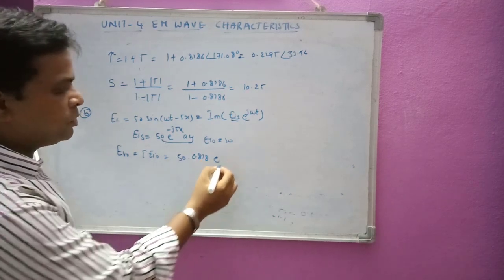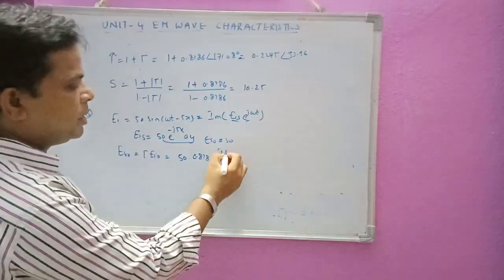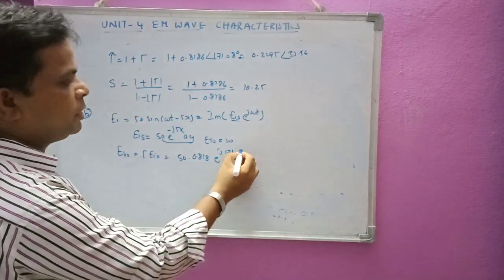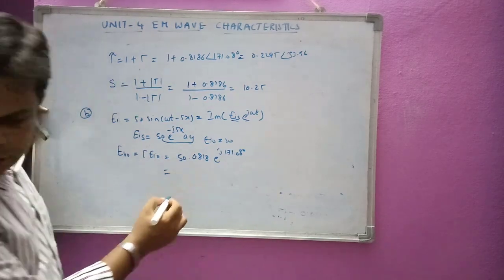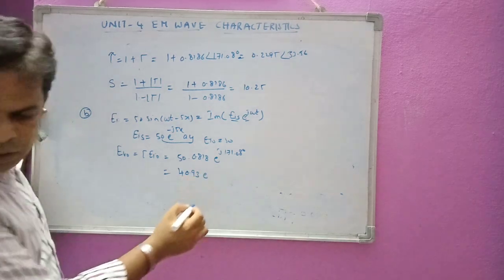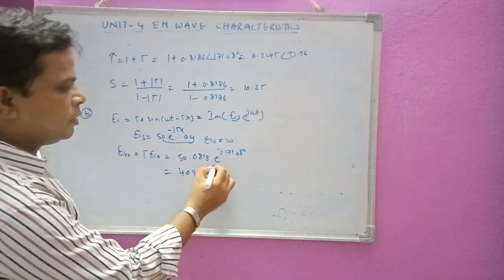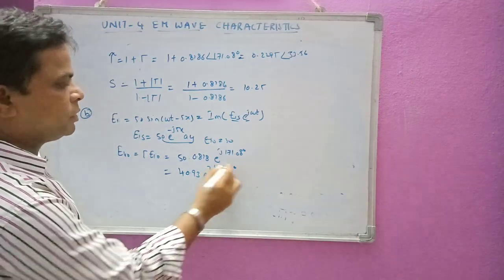I am converting this into e power form, that is gamma value e power j 171.08 degrees. Okay, it will be giving me the value as 40.93 e power j 171.08 degrees.